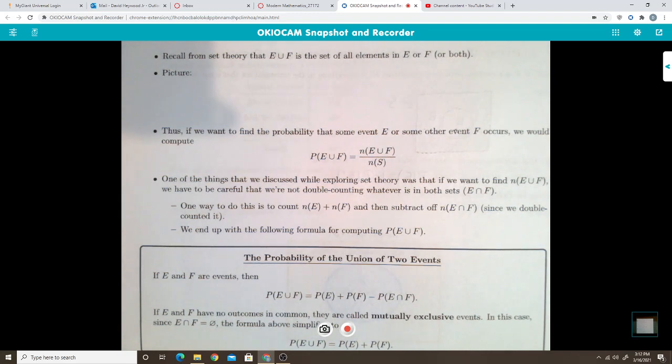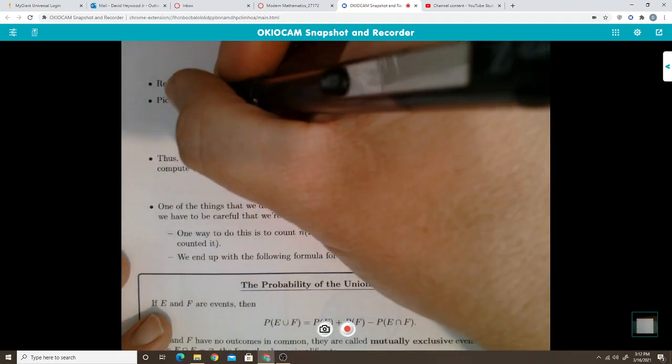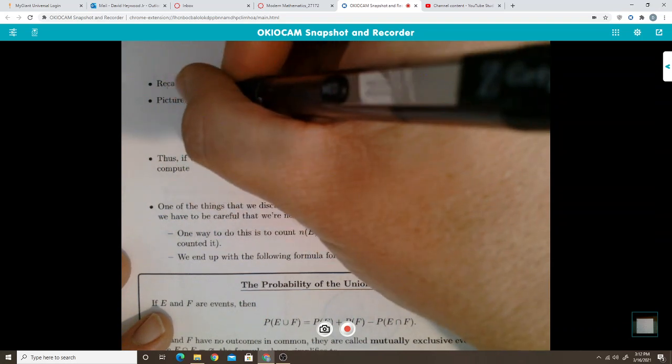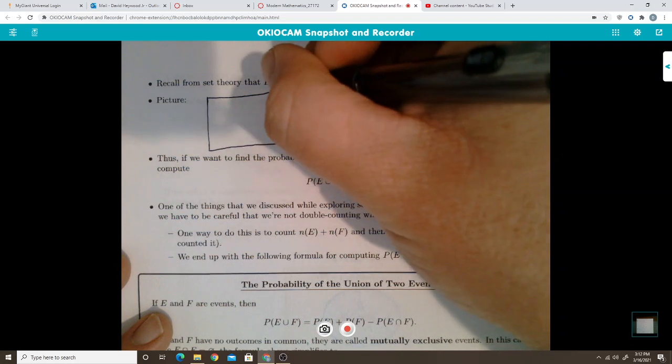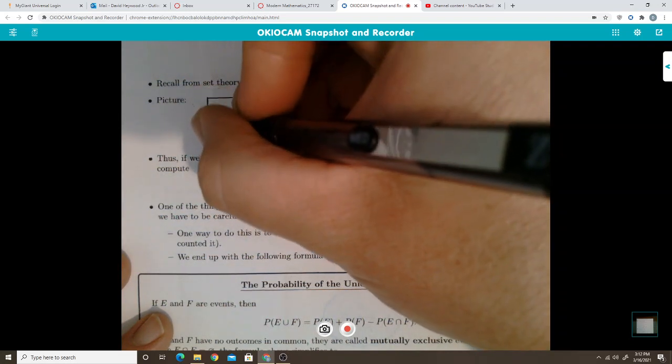What I want to look at next is the union of two events, right? How to compute the probability of a union of two events. Well, first of all, recall from set theory that E union F is the set of all elements in E or F or both. And here's the picture, here's the Venn diagram, which a couple of you said on your test too that you don't like the Venn diagrams.